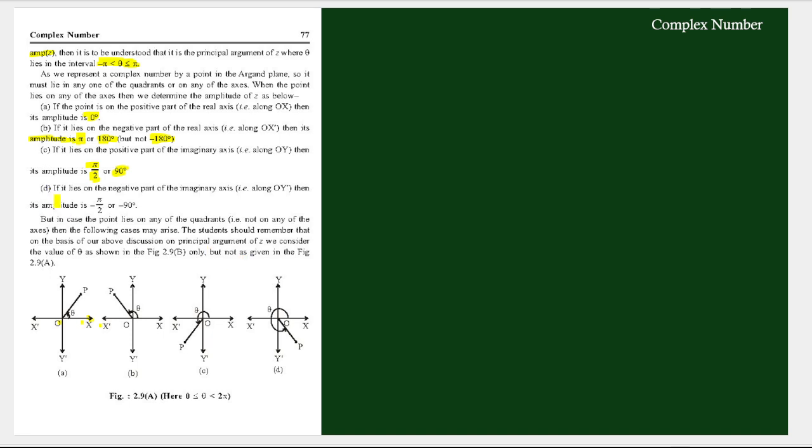And if it lies on the negative part, d, then it will be minus pi by 2, that is minus 90 degrees. But this one will not be minus 180.